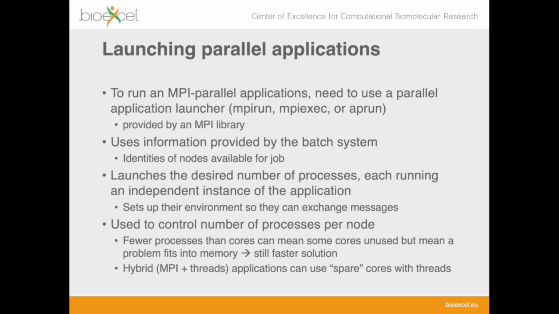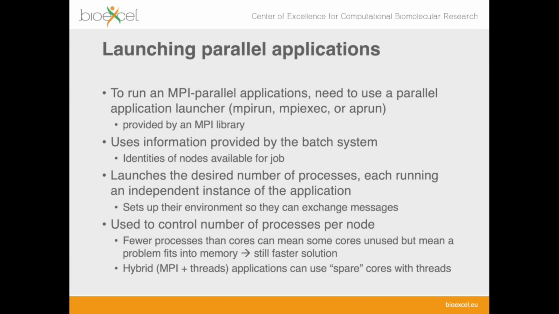And in some cases, these use information provided by the batch system. This is certainly the case for ARCHER2, where srun picks up a lot of the resource requests that you've provided in your job script to the scheduler. But in some cases, you can specify additional options to control how your application is launched.